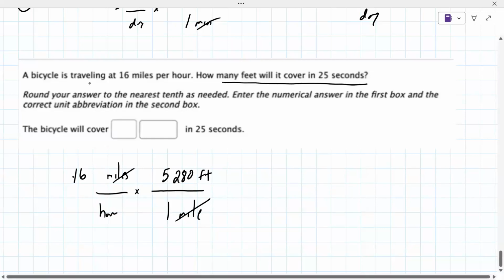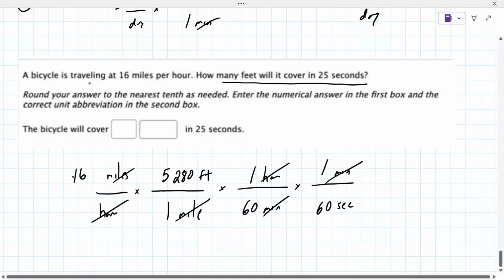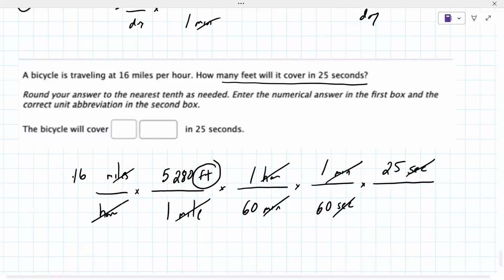So we want to convert the hours to seconds. 1 hour is 60 minutes, and 1 minute is 60 seconds. So the hours cancel hours, the minutes cancel minutes. We're left with, well, how far will it cover in 25 seconds? Seconds cancel the seconds, and you're left with just the feet. So it's all about getting the units to sync up.